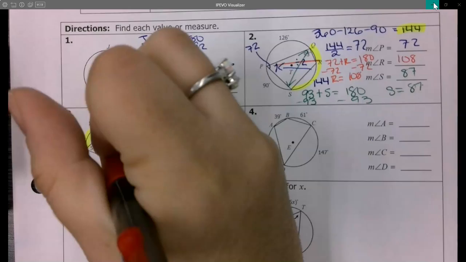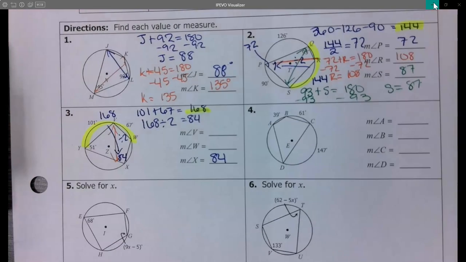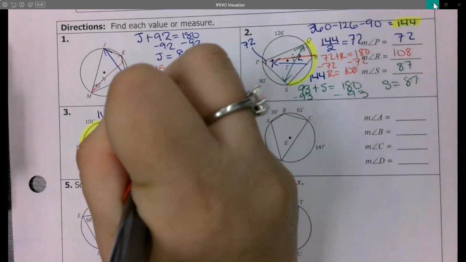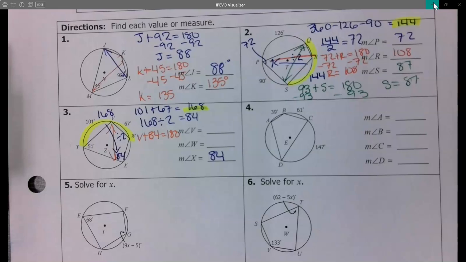So now that I know x, I can find v because I know opposite angles add to 180. So I have v plus 84 equals 180.